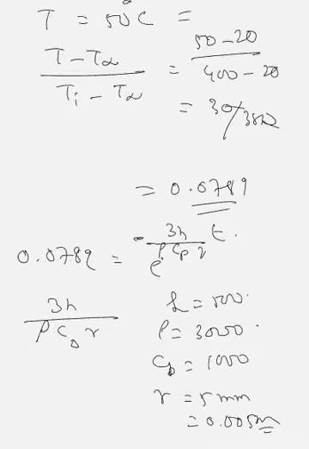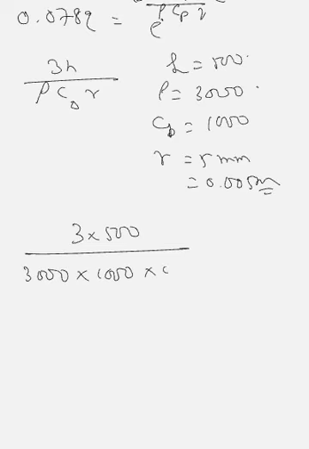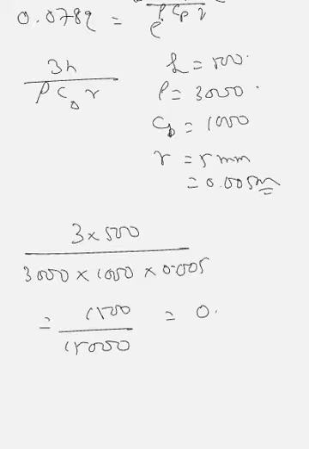Okay, so here we get 3 into 500 by 3000 into 1000 into 0.005. Okay. So first calculate the denominator. So 3000 into 1000, now multiply by 0.005. So we get 15,000. Now the numerator 3 into 500, that is 1500. So it becomes 1500 by 15,000. That is 0.1. So very neat number.